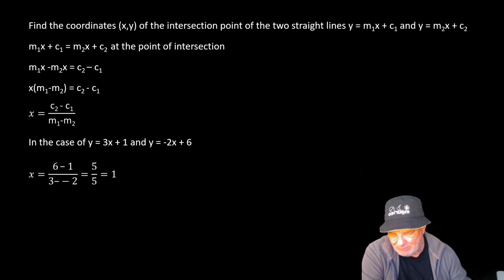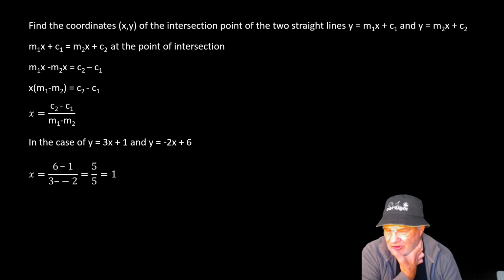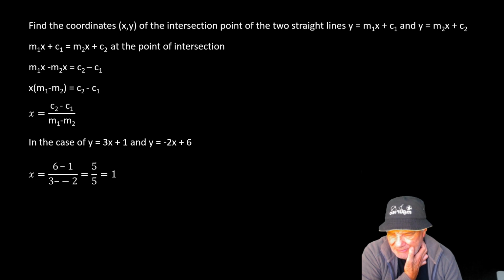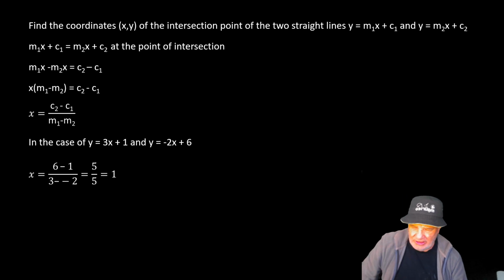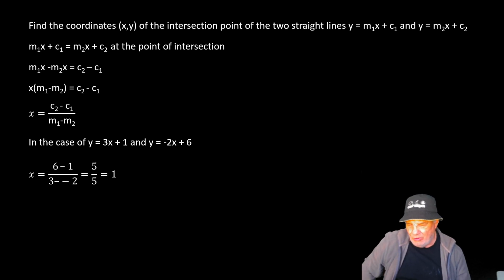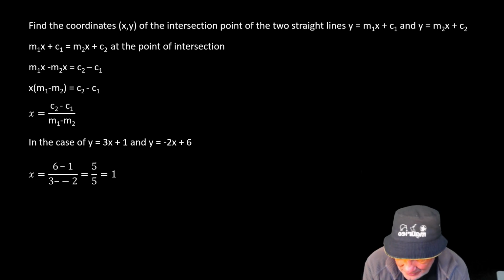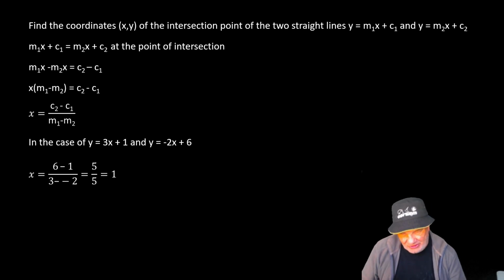Putting it together, x equals c2 is 6, c1 is 1, so 6 minus 1 over... m1 is 3 and m2 is negative 2. So 3 minus negative 2 is 5, over 5 is 1. So we've got x equals 1.